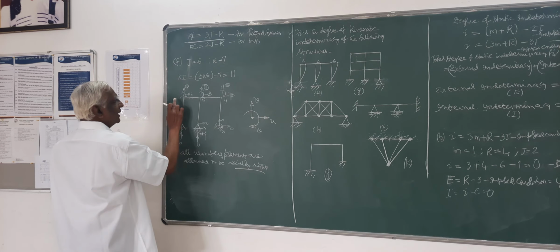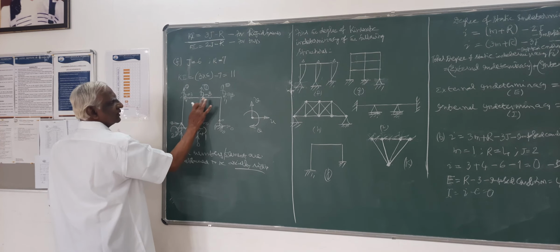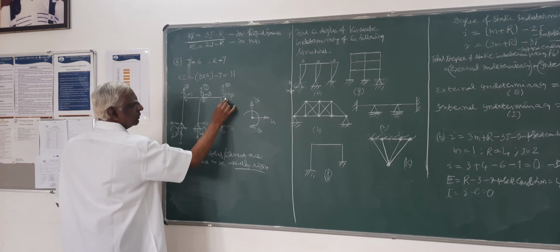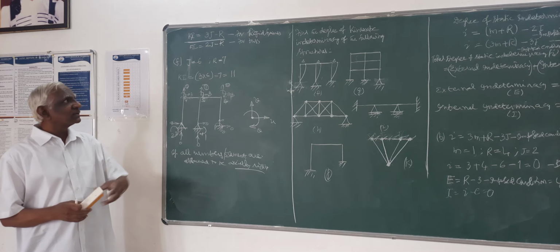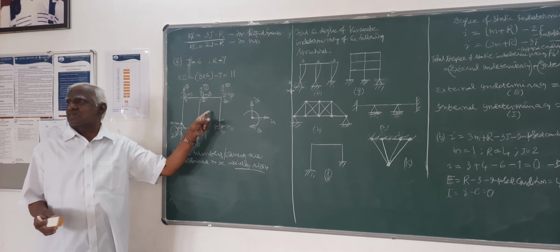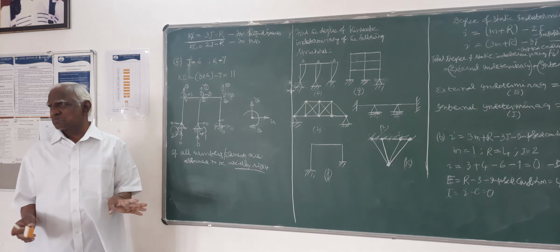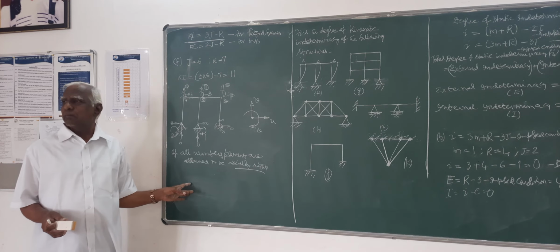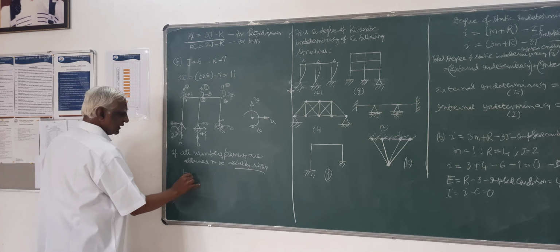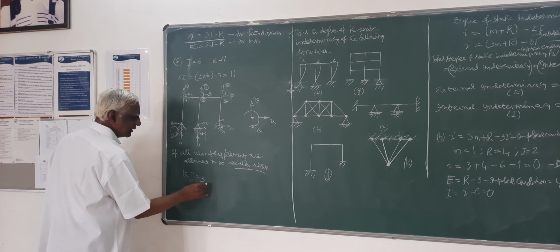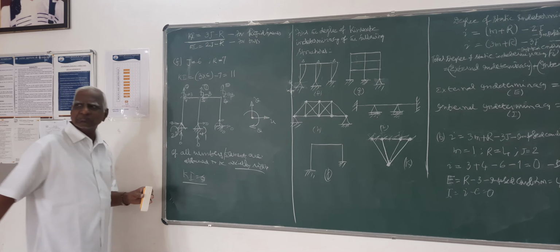So 3, this will be 4, this will be 5, this will be 6. Kinematic indeterminacy will be 6. See, from 11 it has come down to 6. The moment we say members are axially rigid, kinematic indeterminacy will be 6.